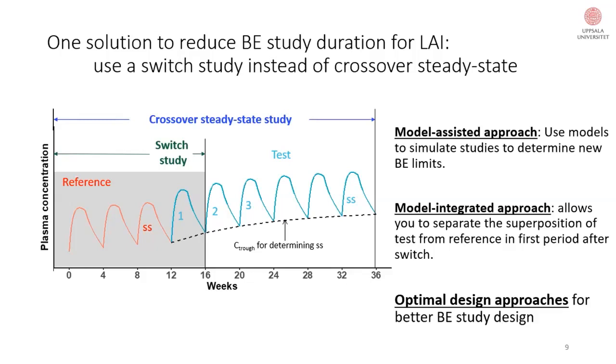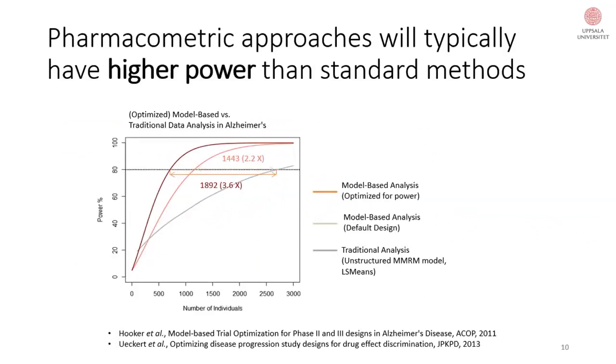So we would have a model-assisted approach, change the BE limits, or a model-integrated approach, derive from our model what this profile would look like if we didn't have the additional drug that was from the reference product. So let's see if we can think about how this might be done.